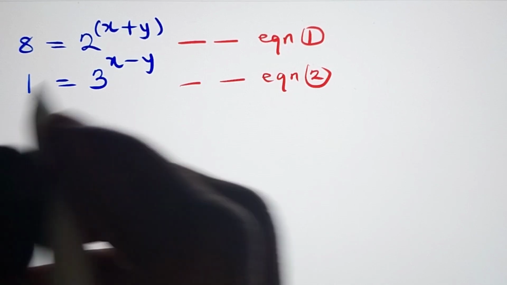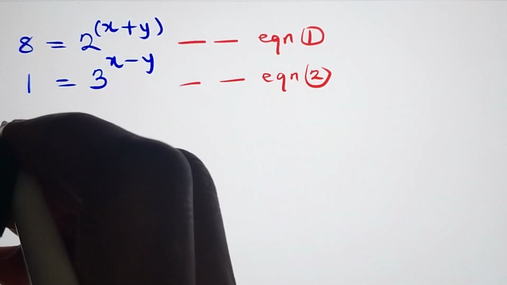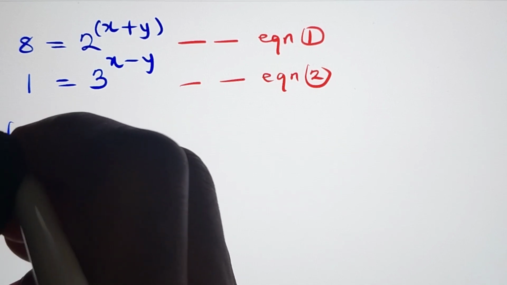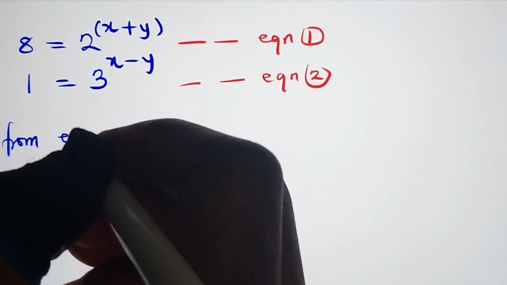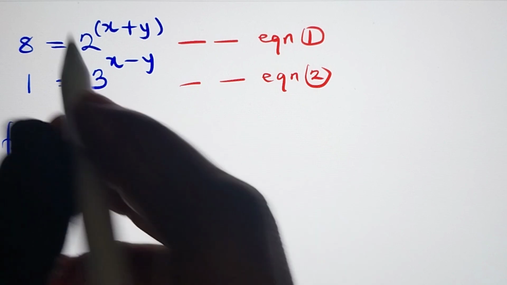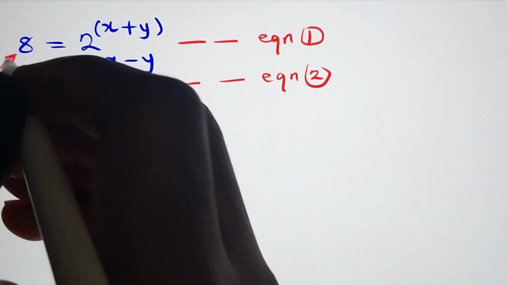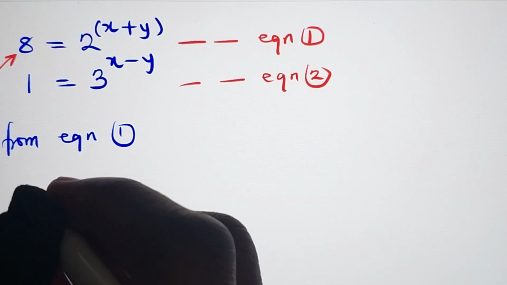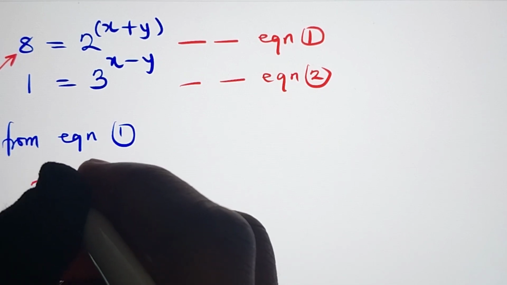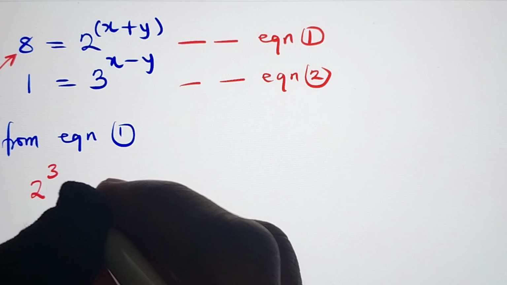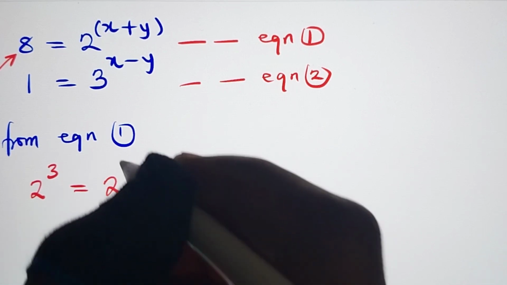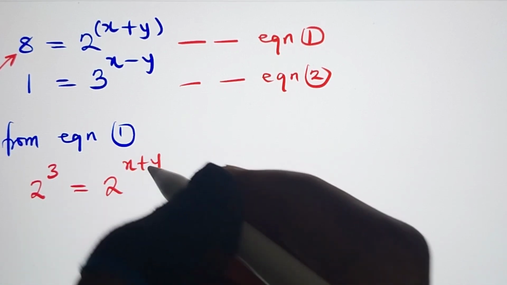Therefore, from equation 1, we can see that this 8 here can be expressed as 2 raised to power 3, equal to 2 raised to power x plus y.